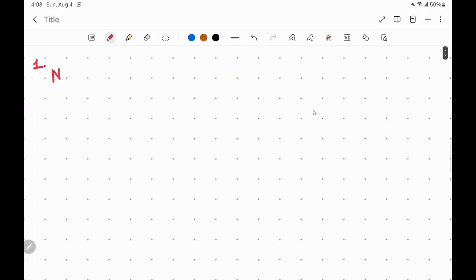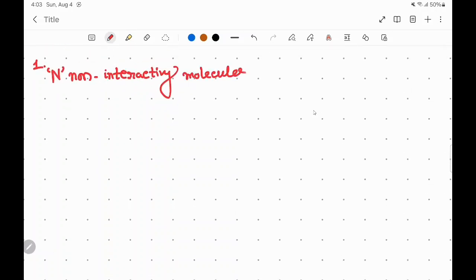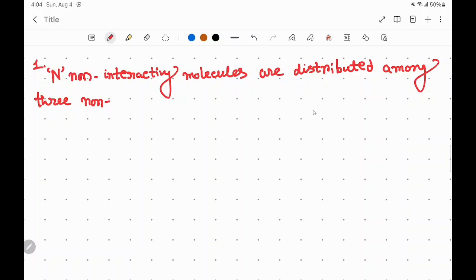There were N number of non-interacting molecules, distributed among three non-degenerate levels. These molecules are essentially Maxwell-Boltzmann particles here.